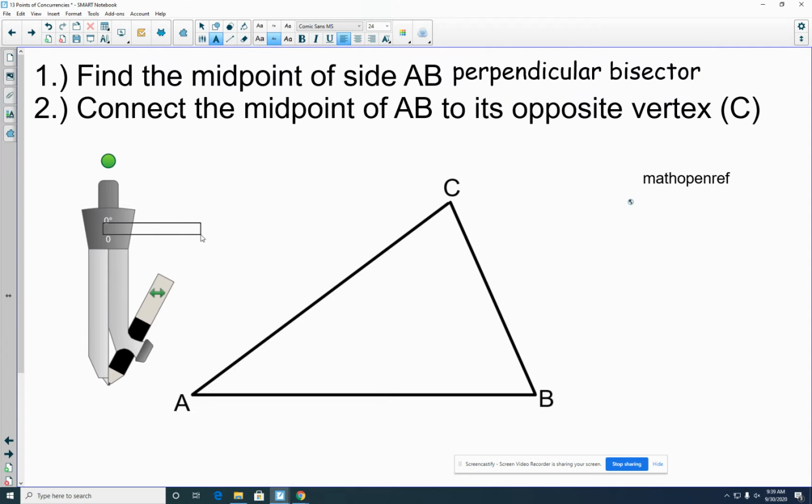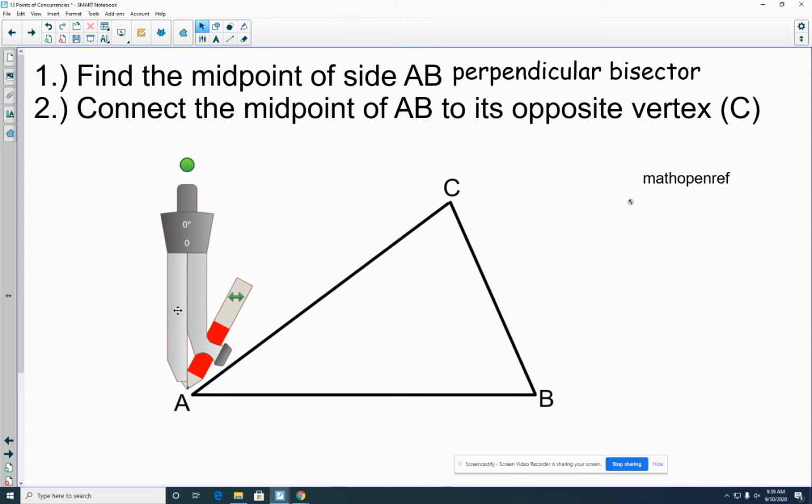Let's go from A to B and do the perpendicular bisector.